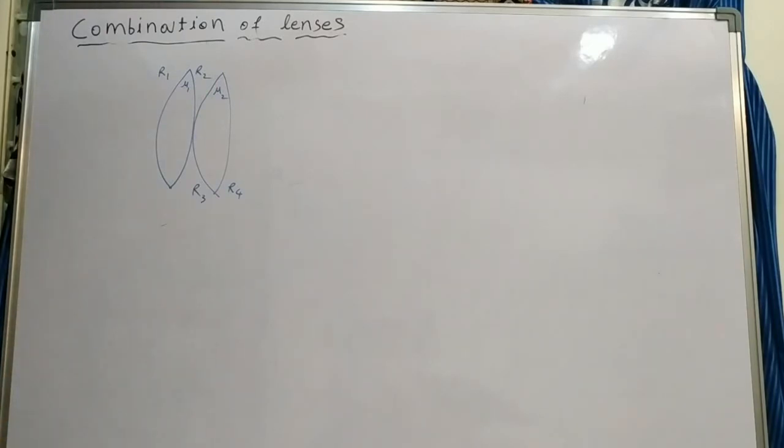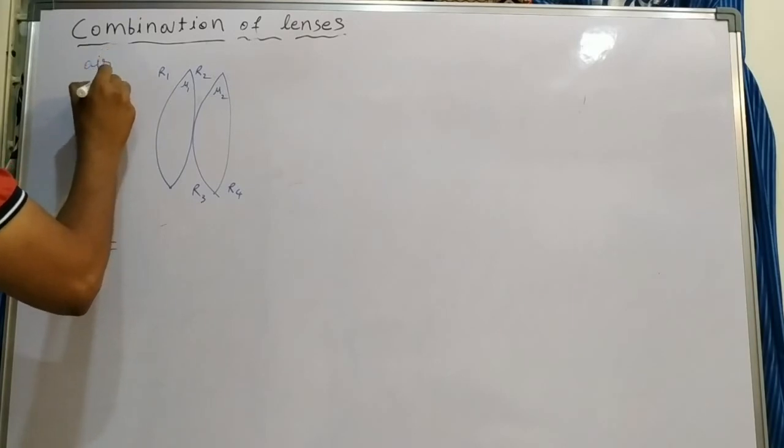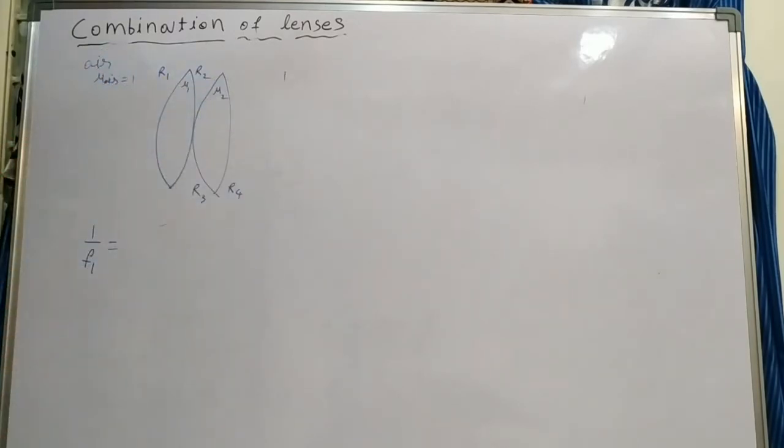So what is the net focal length of the combination? We can write it like this. For the first one, outside you can think of air, and mu air is equal to 1.